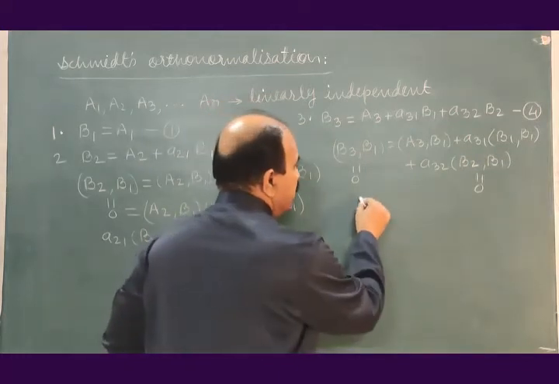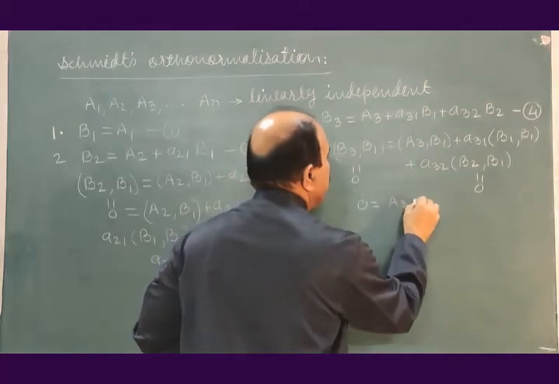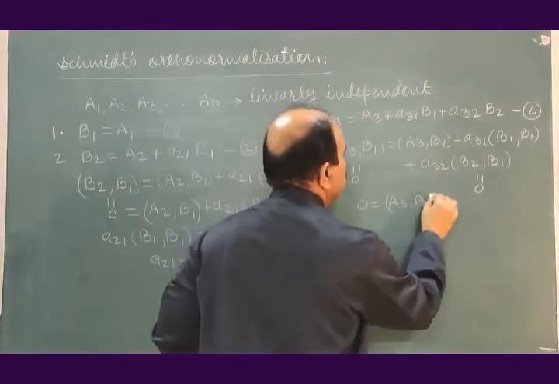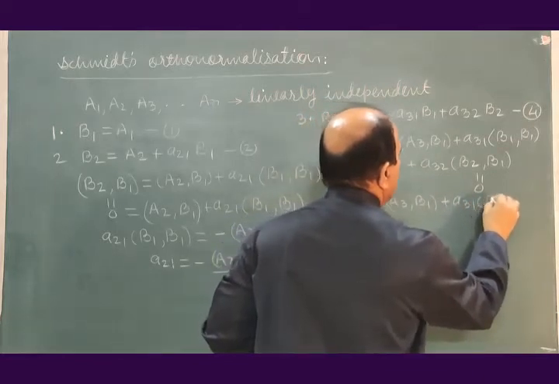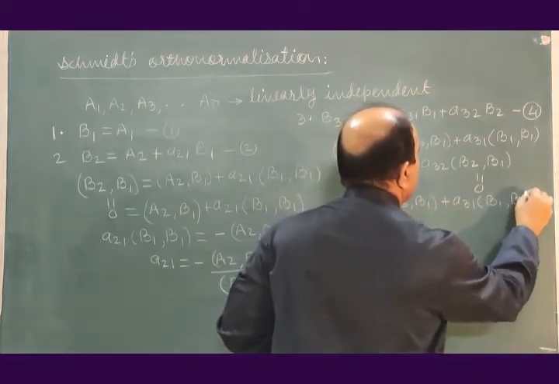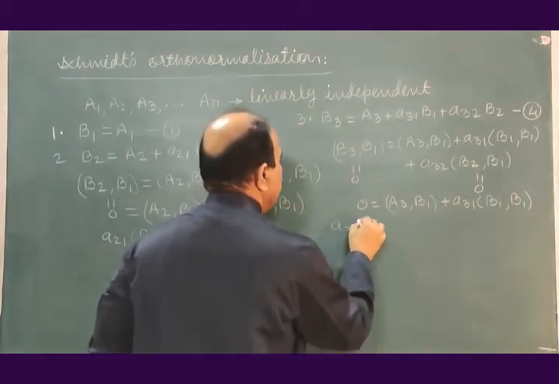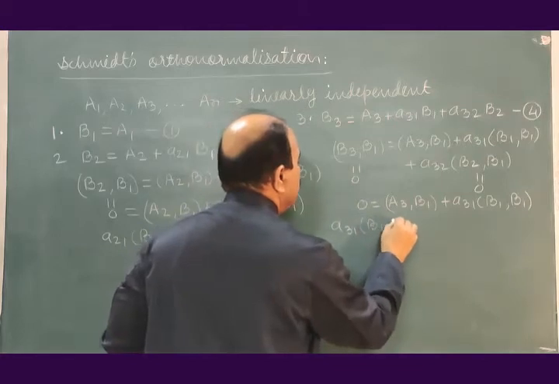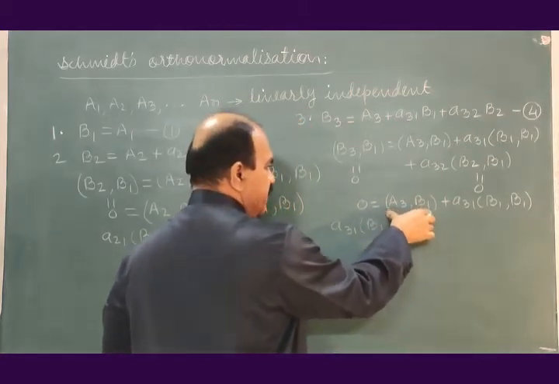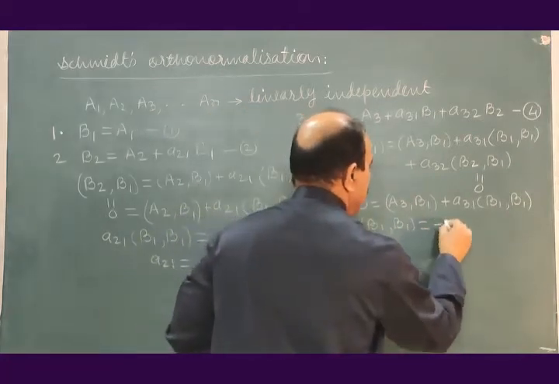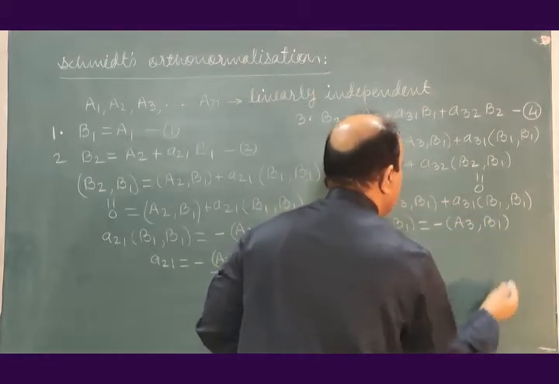Then what is left? 0 is equal to (a3, b1) plus a31 into (b1, b1). This is for the a31 into (b1, b1) is equal to, sending this term to this side, it will be minus (a3, b1).